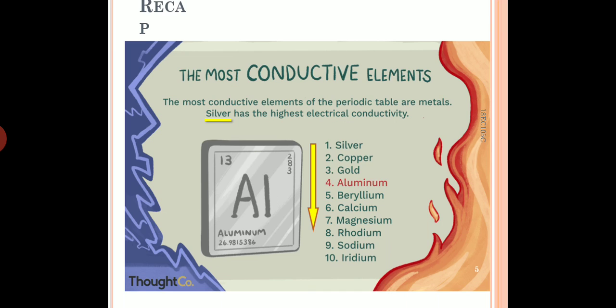Next comes copper, then gold, then aluminum, beryllium, calcium, magnesium, rhodium, and you can also see the atomic number along with the material on the display on the left side. Then rhodium, then sodium, then iridium.